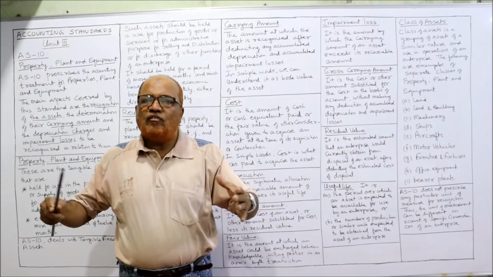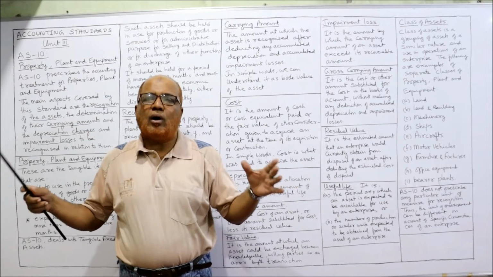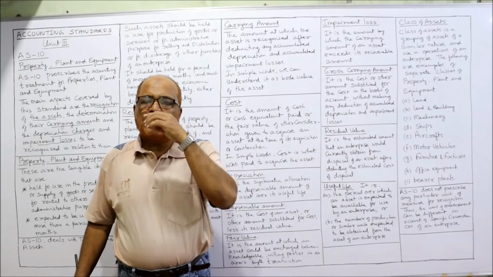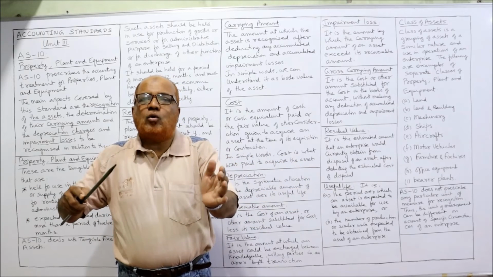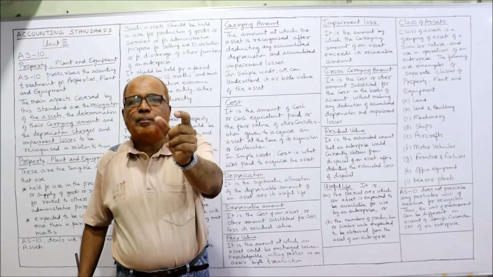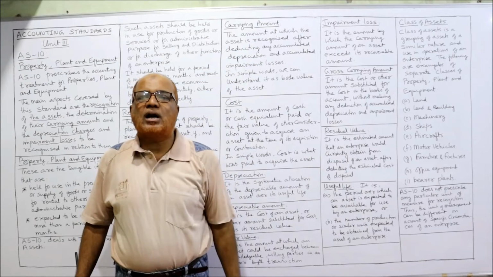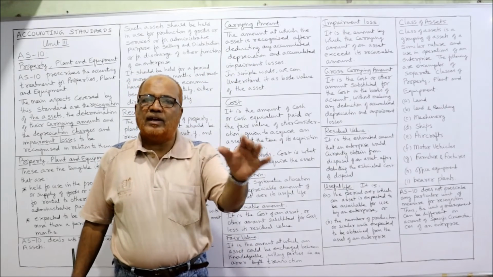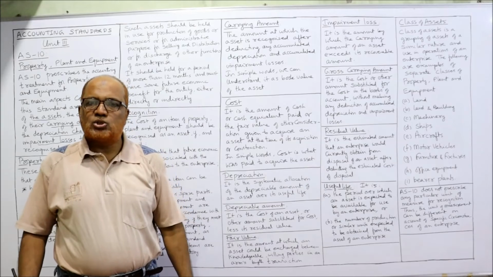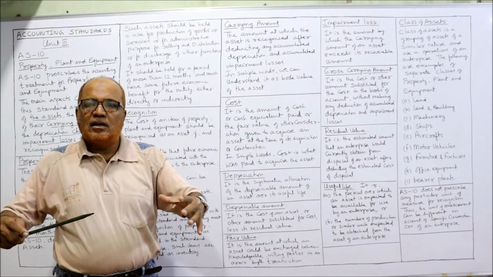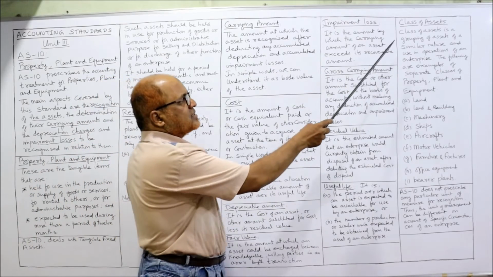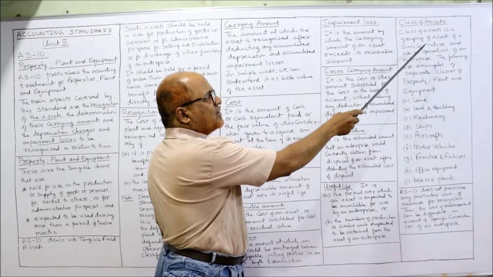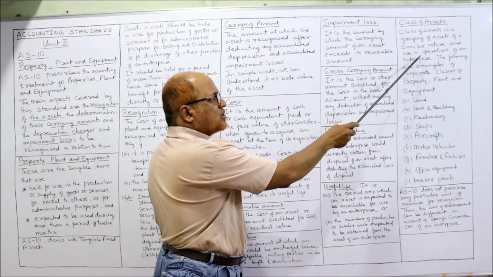Example, a number of equipments are there on which the same rate of depreciation is applicable. So we can group all the equipments with the same rate of depreciation under one head called class of equipment, right? So a group of assets having the same nature, that is called class of assets. Class of asset is a grouping of assets of similar nature and used in operation of an enterprise.